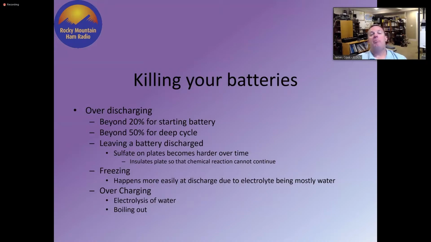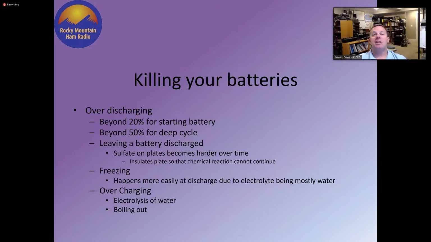So what are the best ways we can damage our lead acid batteries? Number one, beyond all others, is over discharging it. Take your starting battery below 20%, take more out than 20%, or 50% for a deep cycle. And leaving the battery discharged is absolutely the worst thing you can do.